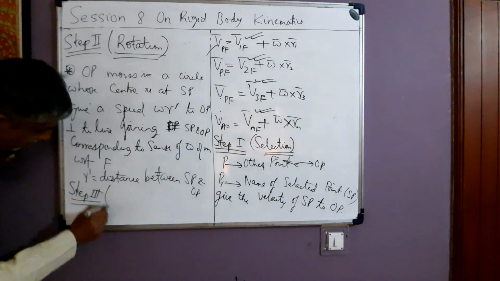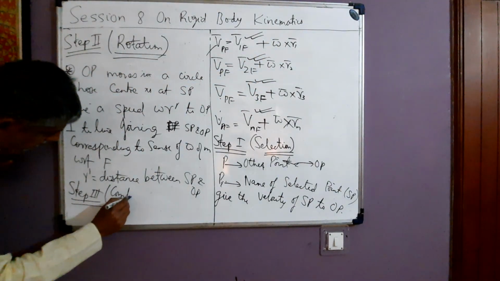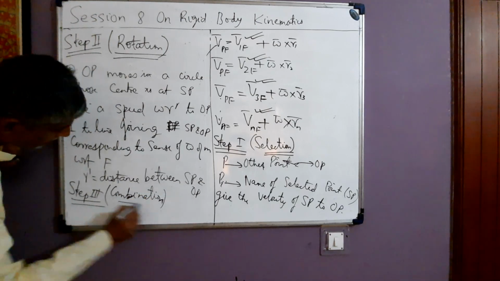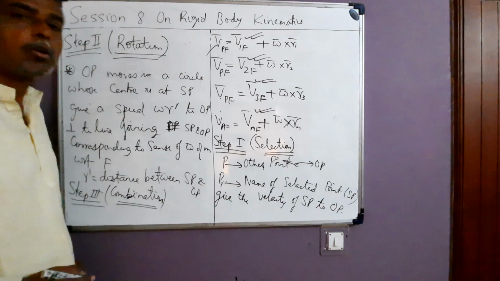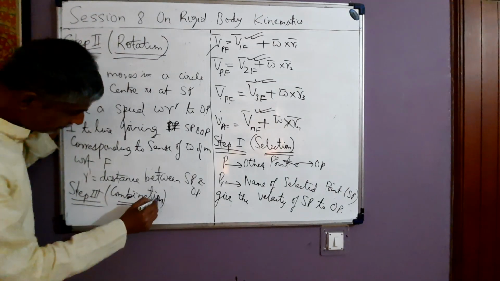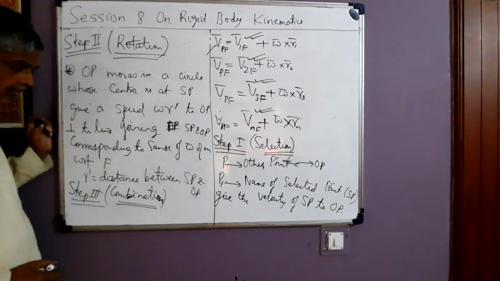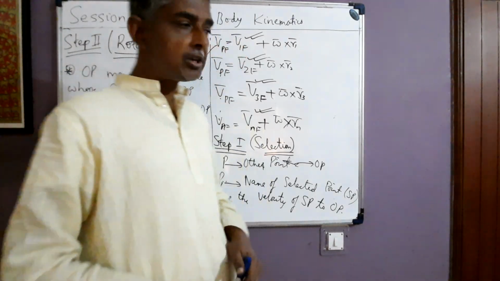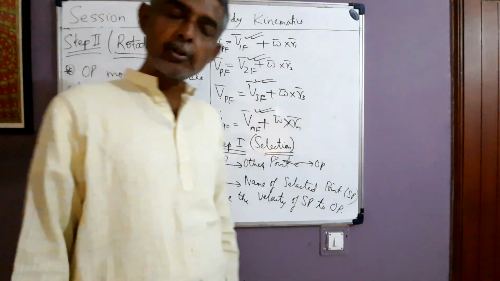The third step will be termed as combination. So in combination, what do we have to do? Vectorially add the two velocities given to OP in the first two steps to get the net velocity of OP.